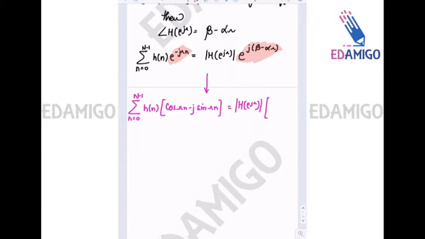So here it will be cos of beta minus alpha sigma plus j sine of beta minus alpha sigma. Okay, so bracket close.